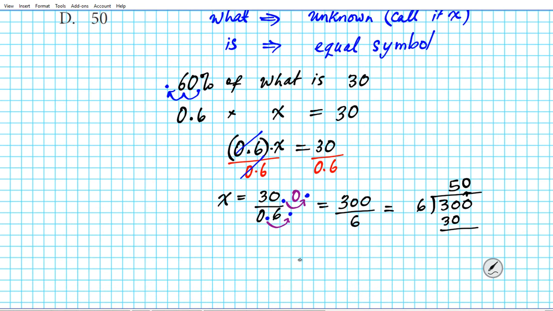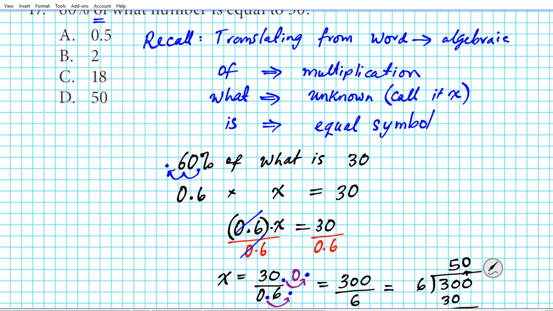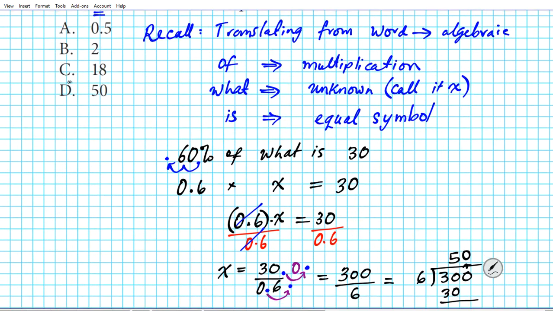Our final answer is 50. So 60% of what? 60% of 50 is 30. Answer to question number 17 is option letter D.